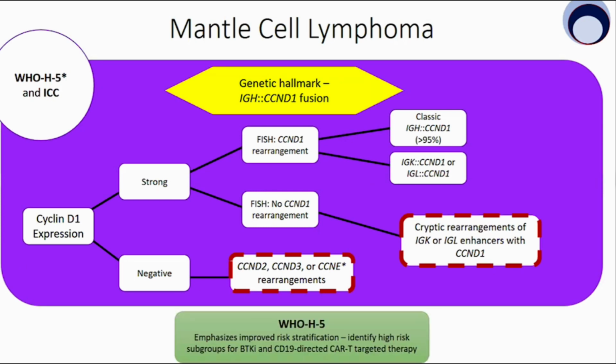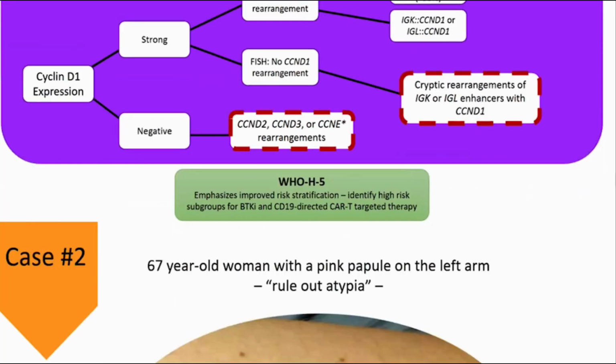Overall, the WHO 5 also emphasizes the need for risk stratification and how it's been improved, and the need to identify high-risk subgroups like blastic and pleomorphic mantle cell lymphoma, and cases with TP53 mutations, particularly for therapy, as TP53 mutated cases are usually resistant to things like tyrosine kinase inhibitors and CAR T therapy.